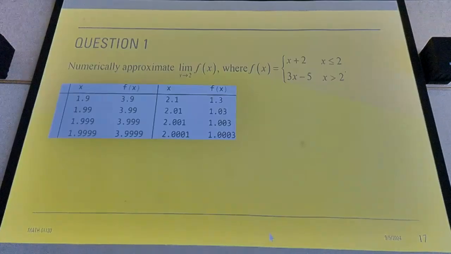No, limit does not exist. So we write DNE, does not exist. Right, that is clear from the table.